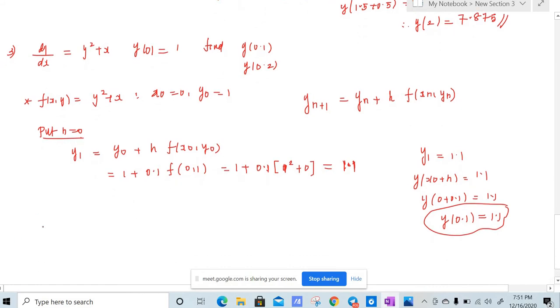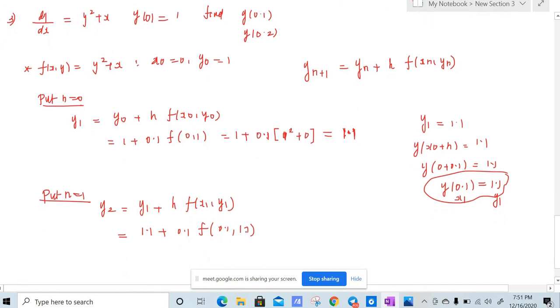Now put n is equal to 1, you will have y2, y of 0.2. So y2 is equal to y1 plus h into f of x1 comma y1. So this is our x1, this is our y1. So y2 is 1.1 plus 0.1 into f of 0.1 comma 1.1. This will be 1.1 plus 0.1 into y square plus x, so 1.1 whole square plus 0.1.